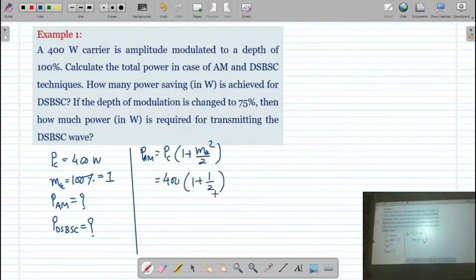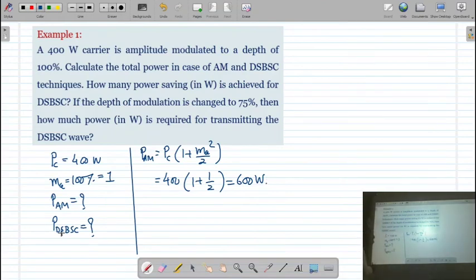We have to calculate for 100%. So 400 into 1 plus 1 by 2, and that is 1.5 multiplied by 400. So this will come out to be 600 watt. So if you use simple amplitude modulation, then the power of the modulated wave is 600 watt.